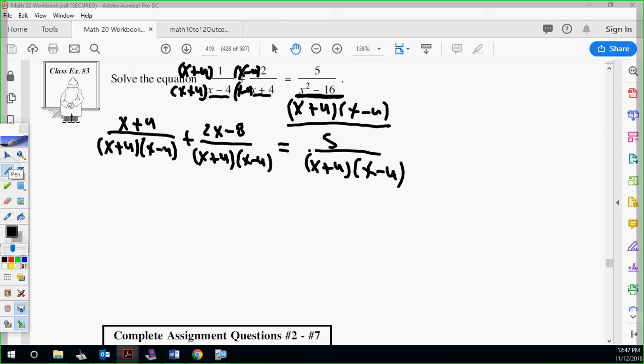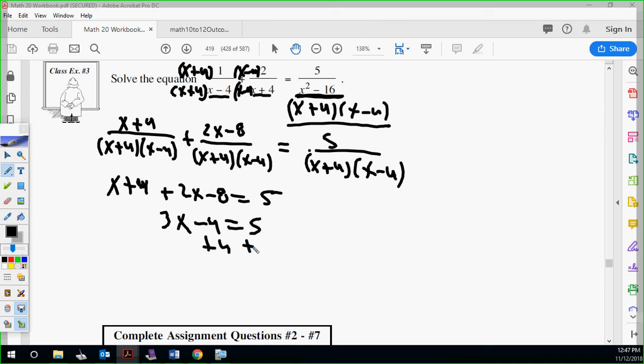Okay. All right, so now it's simply this. x plus 4 plus 2x minus 8 equals 5. So then we have 3x minus 4 equals 5.